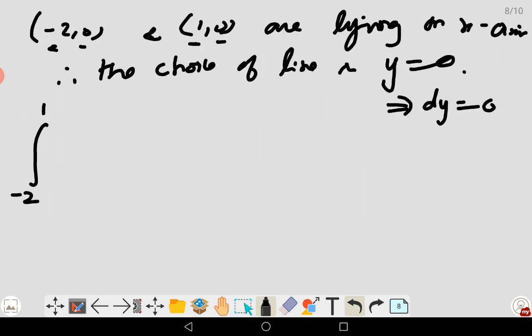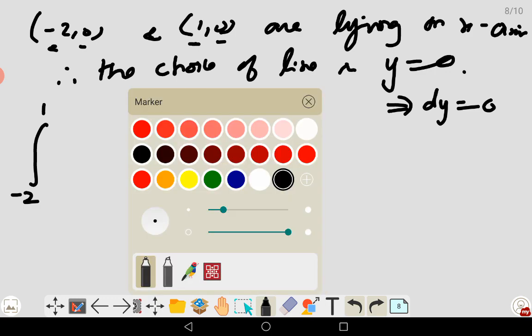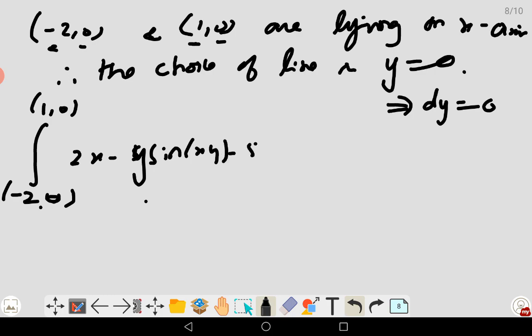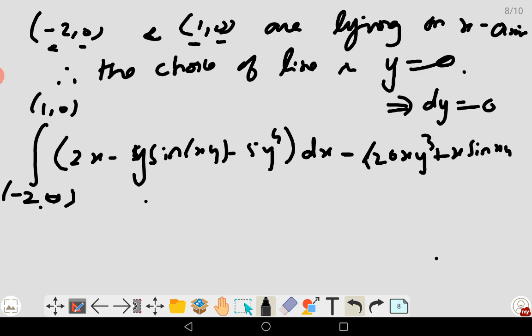I will rewrite it. That's good to understand. Here the function is the integral from minus 2, 0 to 1, 0 of 2x minus y sin xy minus 5y raised to 4 dx minus 20xy cube plus x sin xy dy, and y equal to 0, dy equal to 0.